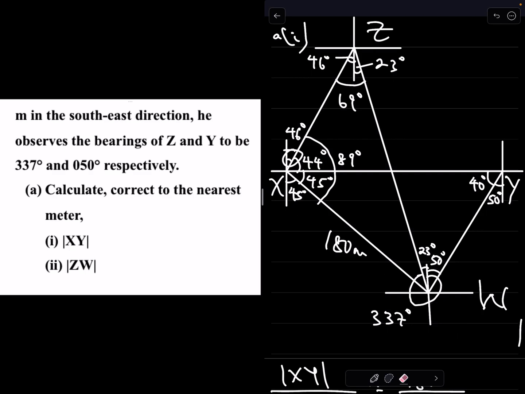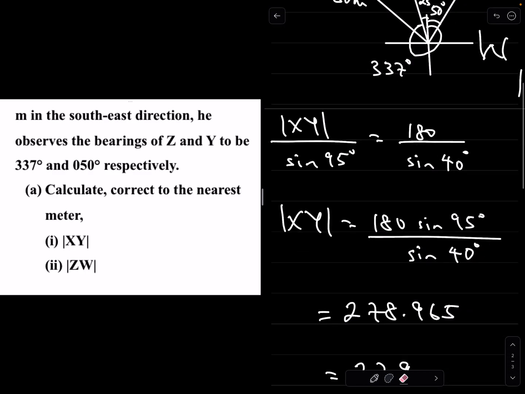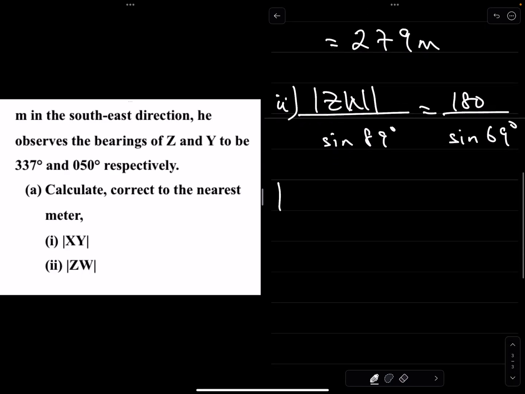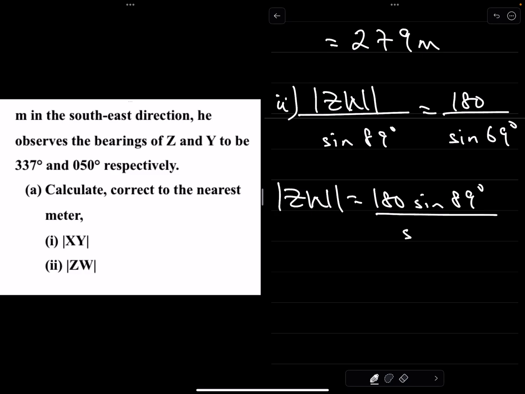That's the sine rule. And that simply means length ZW is equal to 180 times sine 89 degrees divided by sine 69 degrees.